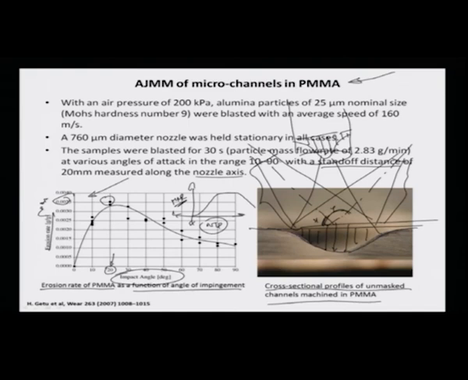So for probably a 20 degree angle, the nozzle tip distance is the optimum best, which falls somewhere in this region of the curve, which results in a higher erosion rate.